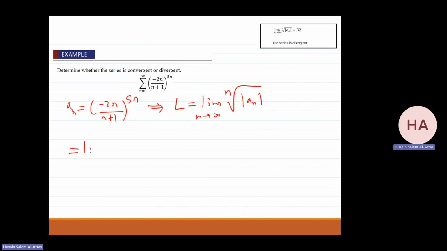That will be the limit as n goes to infinity of all of this. Don't forget the absolute value to the power 5, and I can take it inside to the power 1 over n.